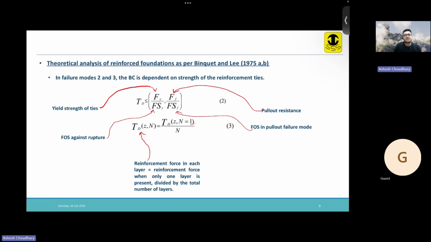Fy is the yield strength of the ties and Ff is the pull-out resistance, and both are divided by a factor of safety. Now T_D(Z, N) means the reinforcement force in each layer is equal to the reinforcement force when only one layer is present divided by the total number of layers. It is a way of representing it.